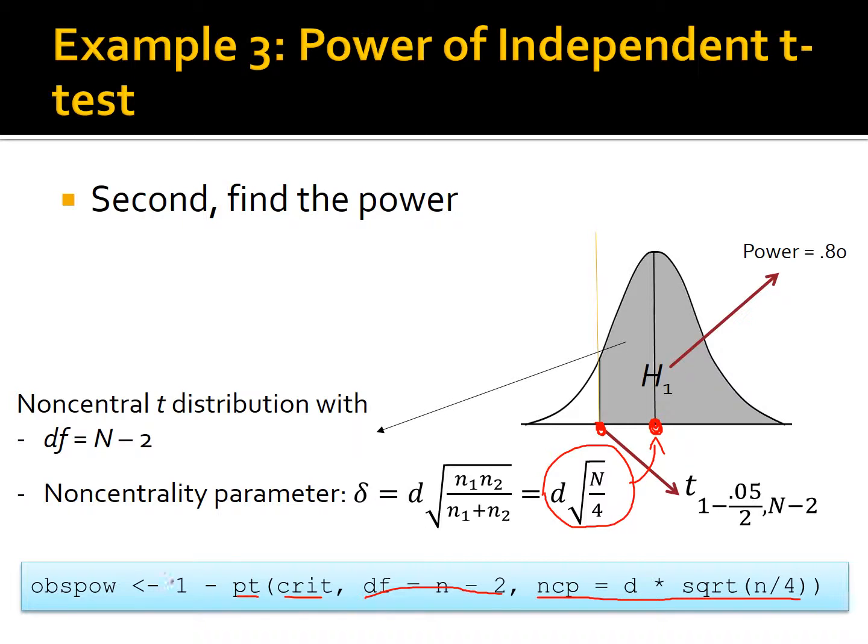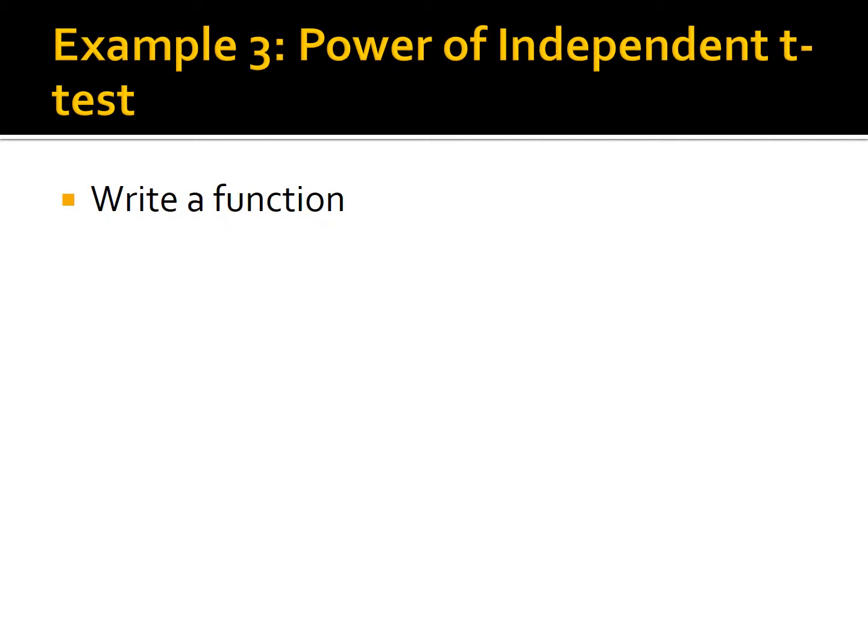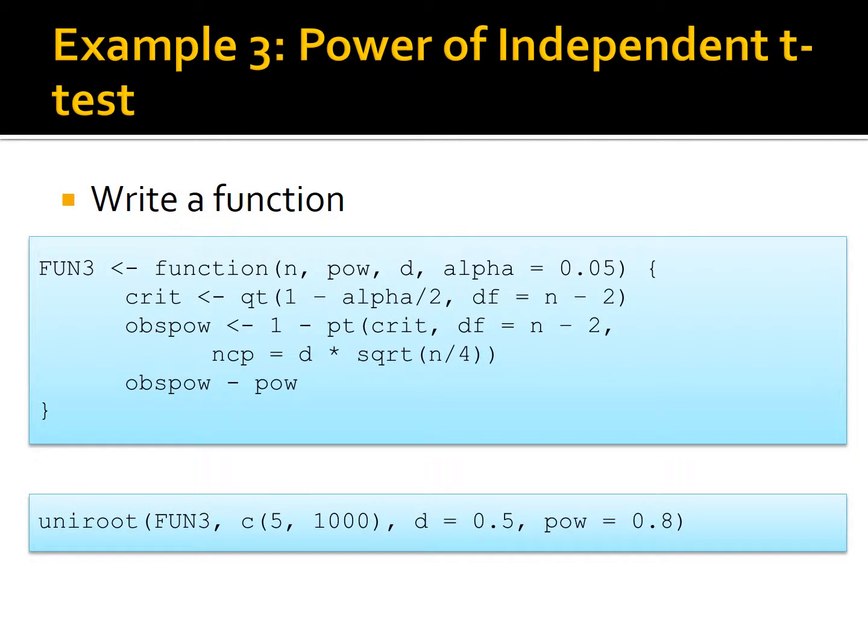I need 1 minus pt because pt will provide the value on the left hand side, but we want the value on the right hand side. So we need to have 1 minus pt. Okay, let's combine and write down the function. I call it function 3.